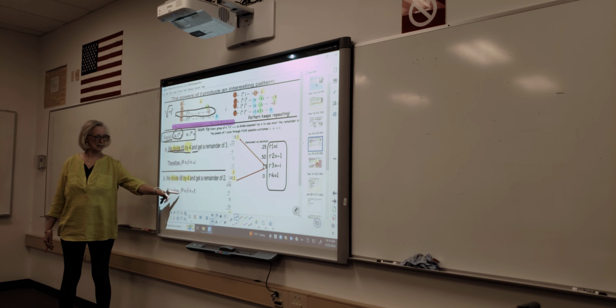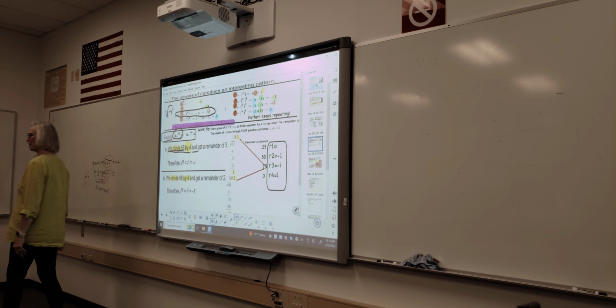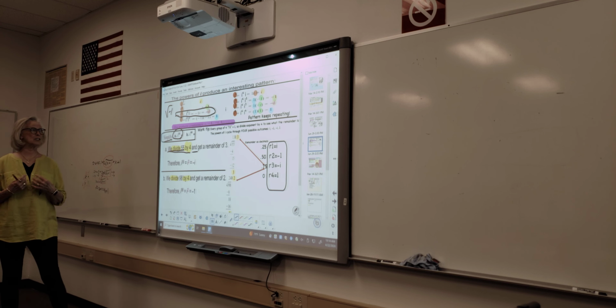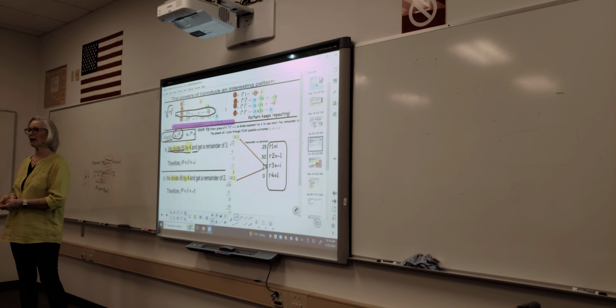Okay, try this one. i to the 98th power. Try it on your calculator. Tell me what my answer will simplify to. What we're looking at is what's left over. When you divide 98 by 4, you're finding out how many groups of 4 are in there.